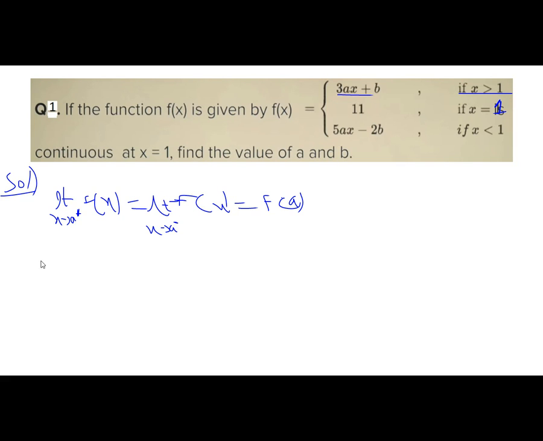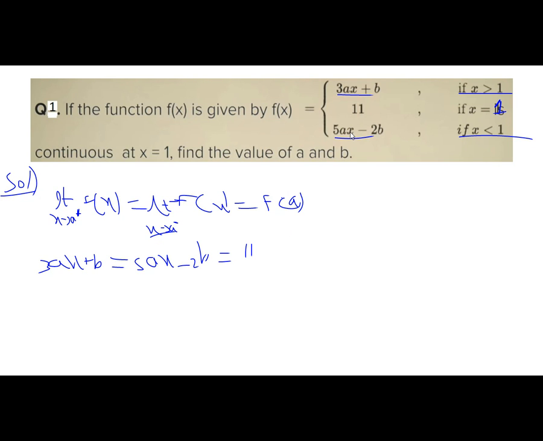What's the f of x value? 3x plus b, which should equal, still in terms of f of x, we haven't converted it into f of a, the negative interval, which is x less than 1, so it's 5x minus 2b. And f of a, where x equals 1, is nothing but 11.